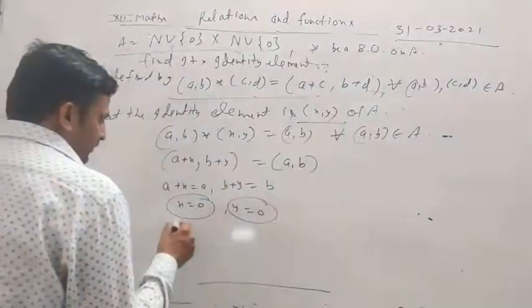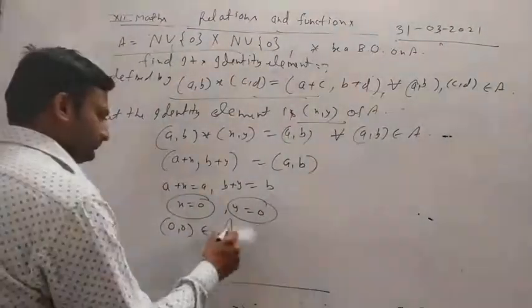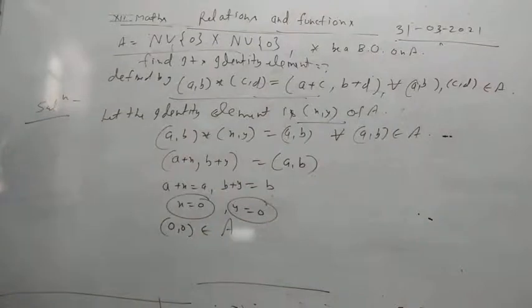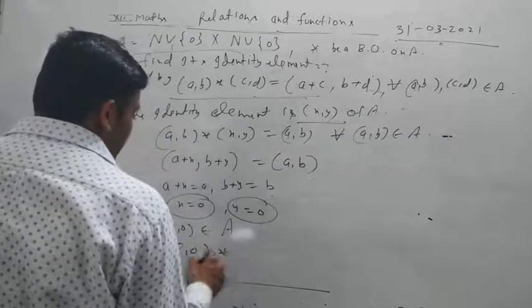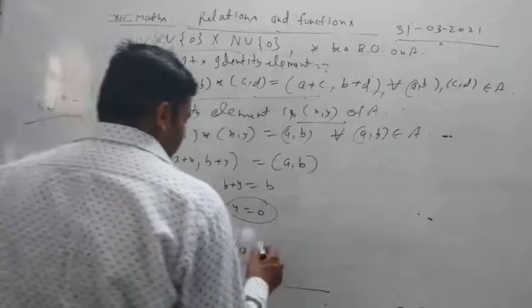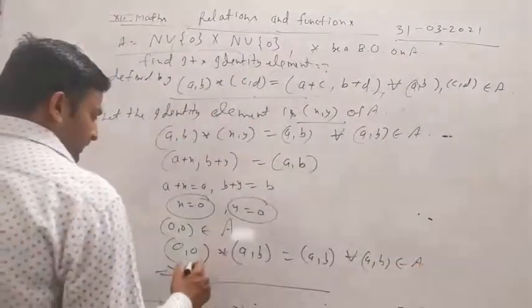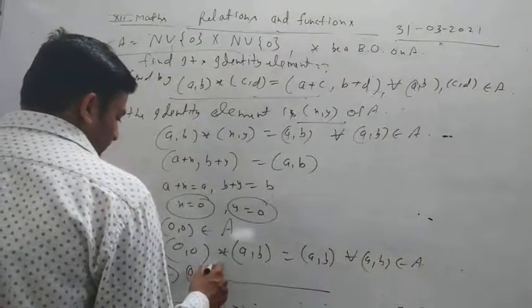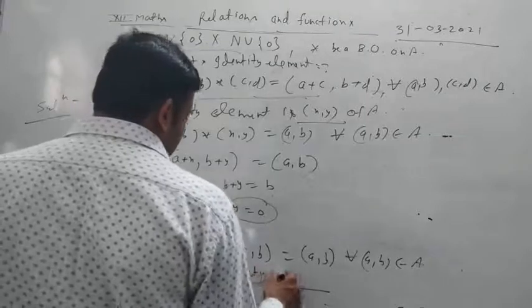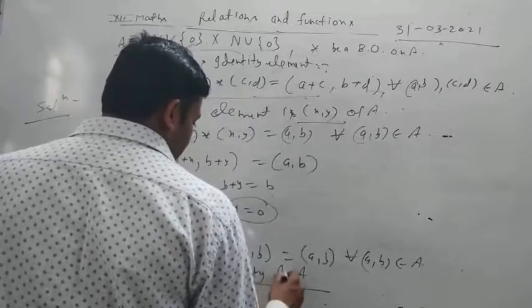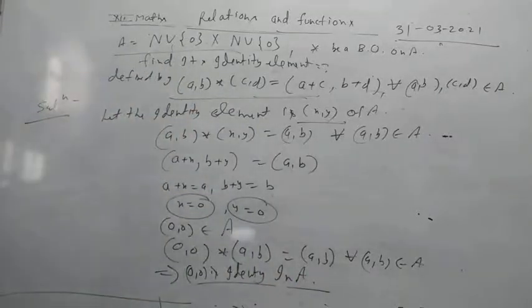So students, clearly (0, 0) belongs to the set A. So we write (0, 0) star (a, b) is equal to (a, b) for all (a, b) belonging to A. So this (0, 0) is the identity in A. Okay students, I hope you understand.